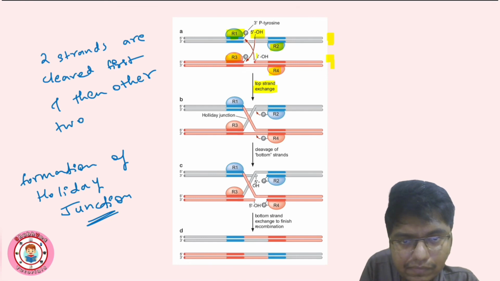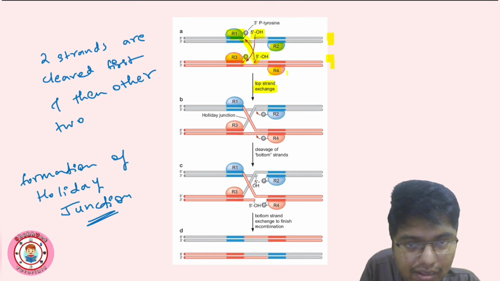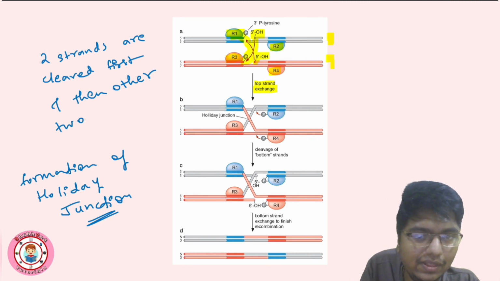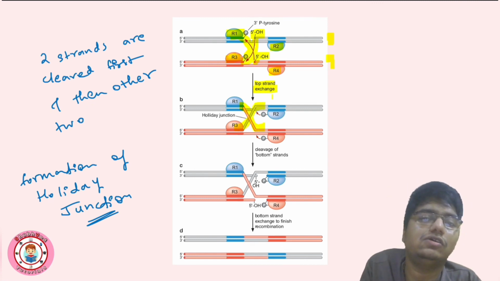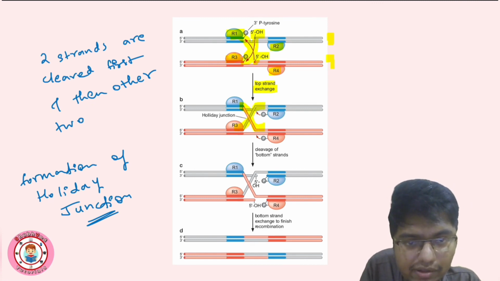Here also 5' OH. Now this is going to attack this one, R1, right? And this is going to attack this one, R3. So thus we can see a Holliday junction formation, R1 with this R3.